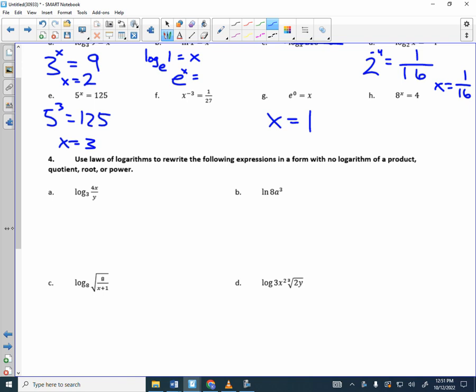So you got 8 to the x power is equal to 4. 8 and 4 can both be written with a base of 2. So this is 2 to the third power times x is equal to 2 to the second power. See how I wrote them with common bases? So now you just have a basic equation. 3x is equal to 2, so therefore x is 2/3.